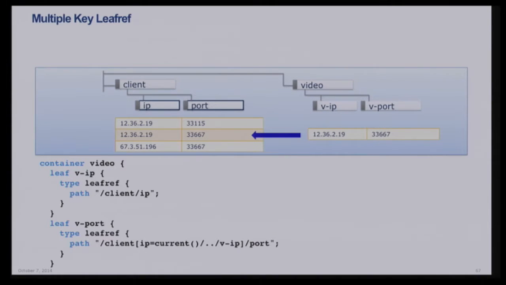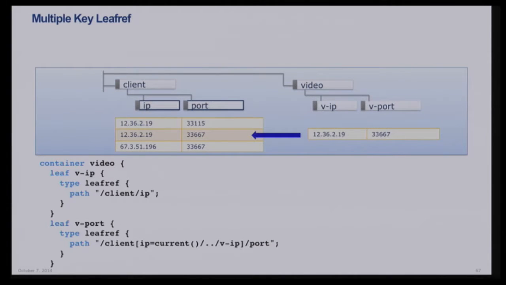What we want to do is pin these video parameters to an existing IP and port pair, not to any IP or any port, but the pair. The first path here is pretty straightforward: it's /client/IP. The second path is more intricate. It says, I want to reference a list member under client that has the same IP that my sibling leaf has.